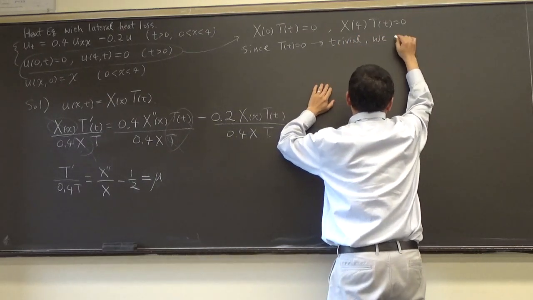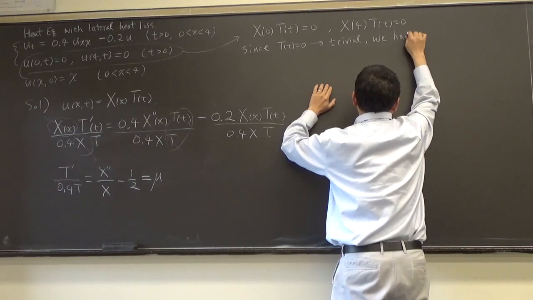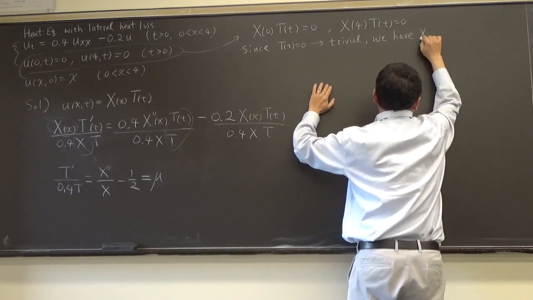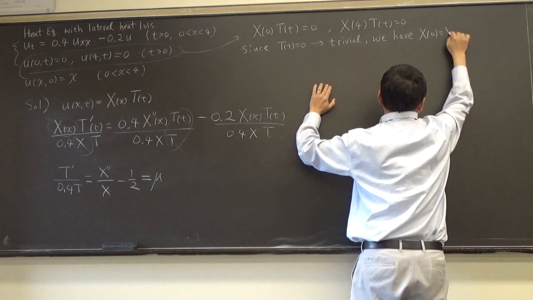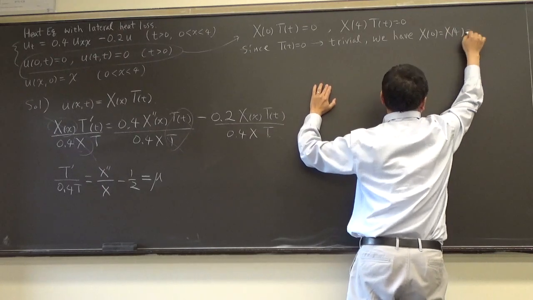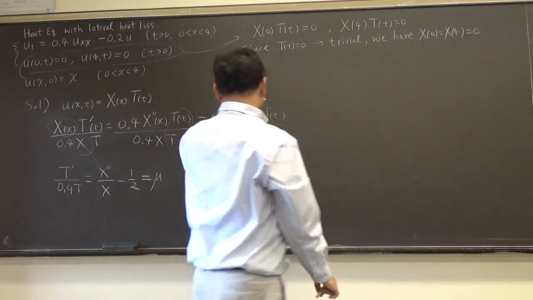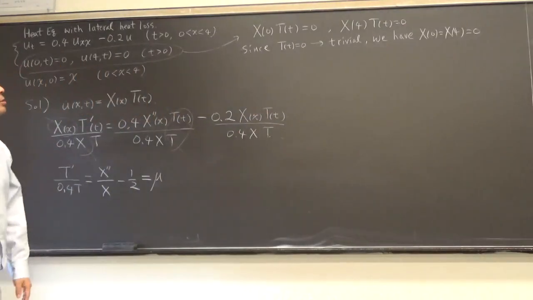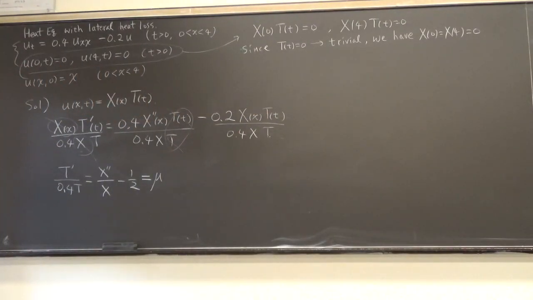We have x of 0 equals 0 and x of 4 equals 0. Okay. So that's what we get from the boundary conditions.